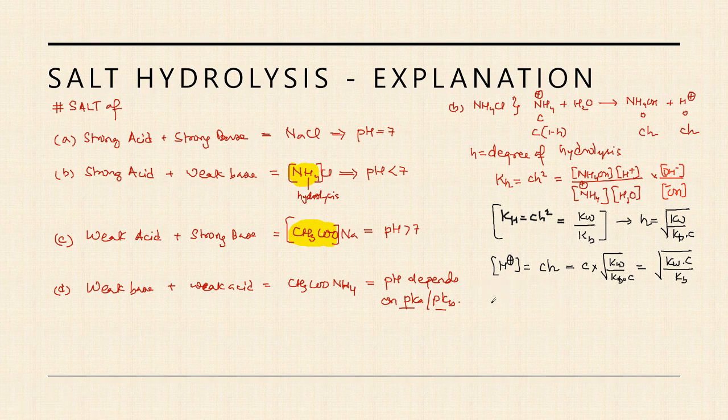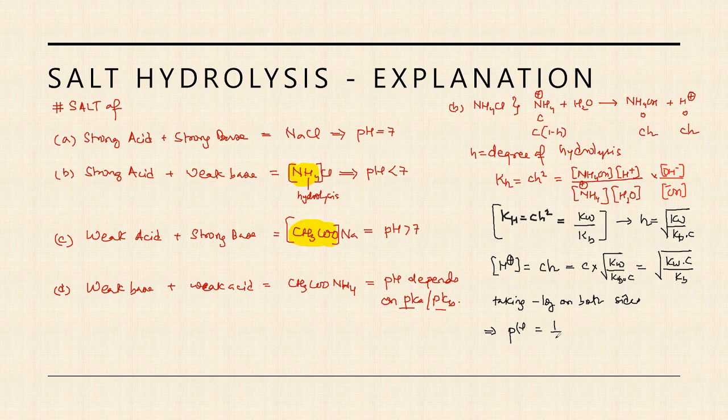Now if you take negative log on both sides, we ultimately end up getting this expression. If I take negative log of H plus, I'll get pH.